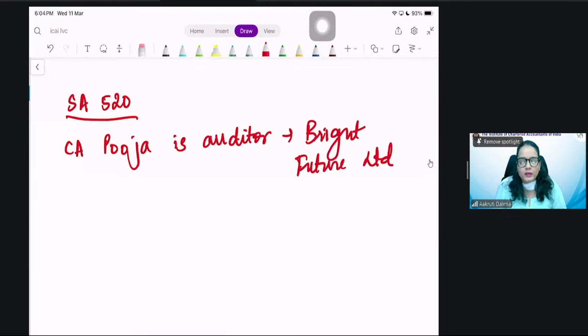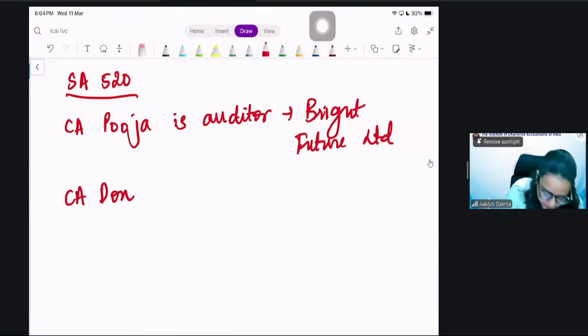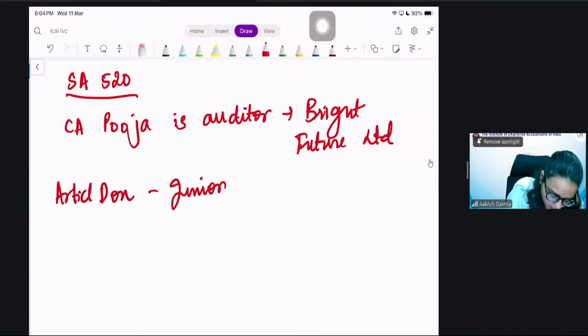CA Pooja is the senior auditor, so she has sent her junior, Mr. Don. Let's say he is not a CA, he is an article. So he's article Don, and he has been sent to check a few things before she comes.